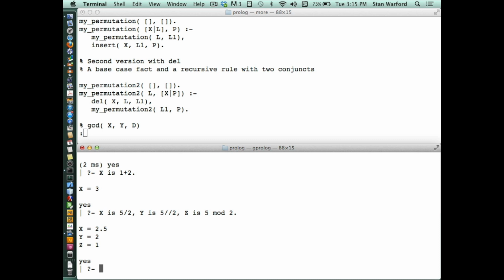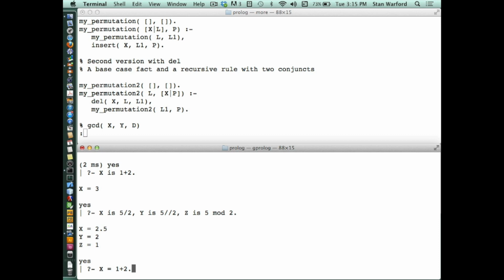Okay. Now, what do you suppose happens if I say X match 1 plus 2? This is not is, this is match. So let's contrast this with match. Maybe it'll fail? But X is a variable. I thought a variable could match with anything.